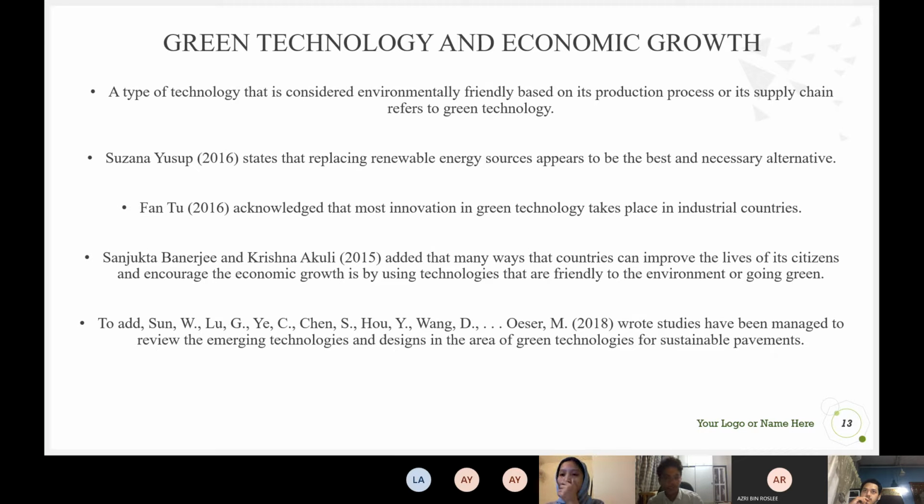To add, a number of studies have managed to review the emerging technologies and designs in the area of green technologies for sustainable pavements.